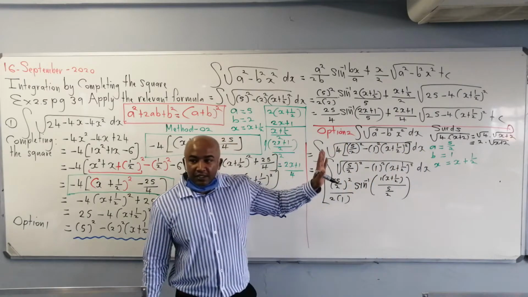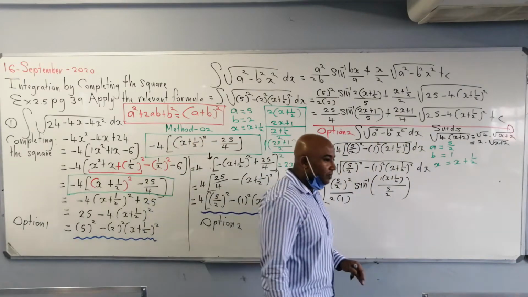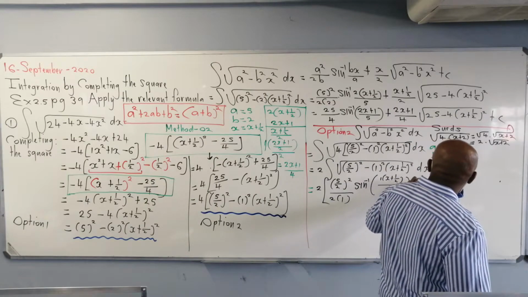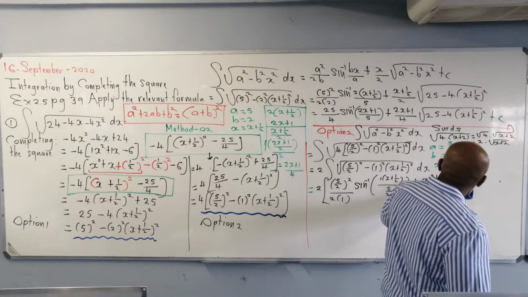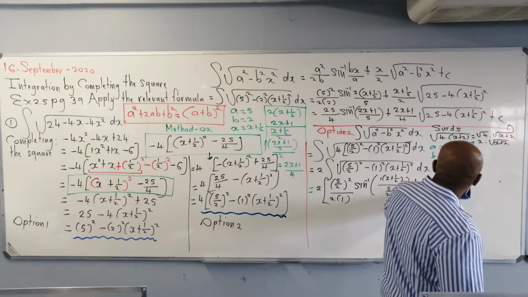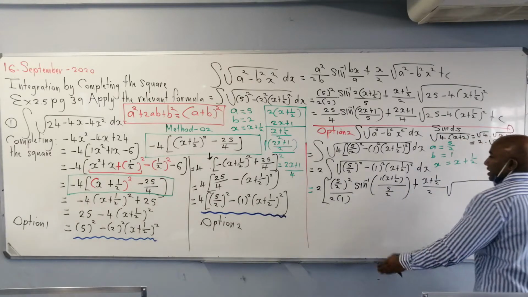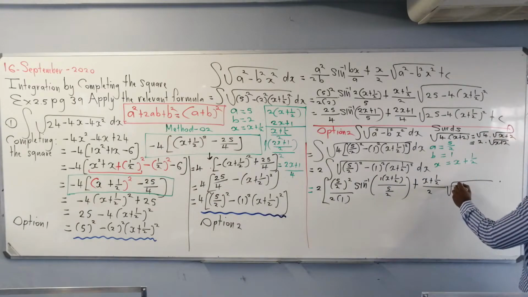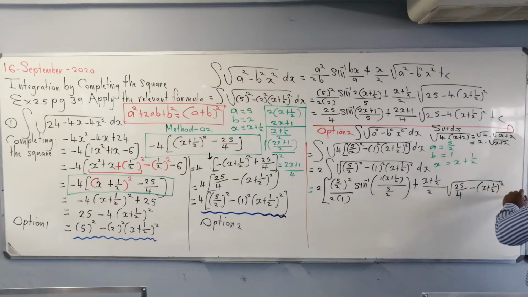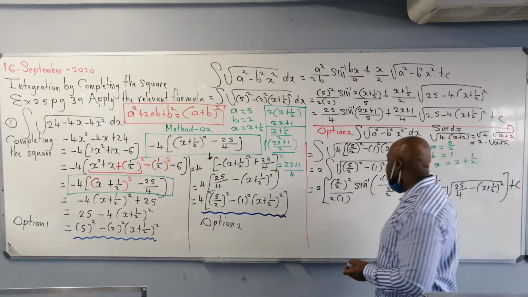Then we have plus x over 2 plus x plus half all over 2 times the square root of the same thing that we have here, which is 25 over 4 minus x plus half all squared, close bracket, plus c.